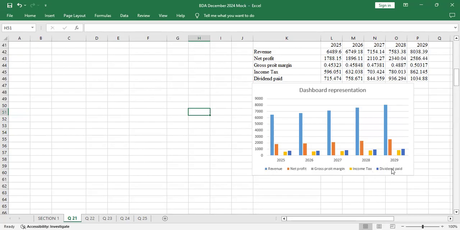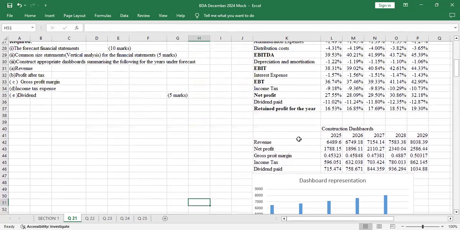So we can interpret that in 2025 the revenue was higher, the net profit was following it, then the gross profit margin is lower. The margin is supposed to be lower. Then lastly, the income tax was almost close to dividend. So it means that dividend paid all through was more than the income tax paid.